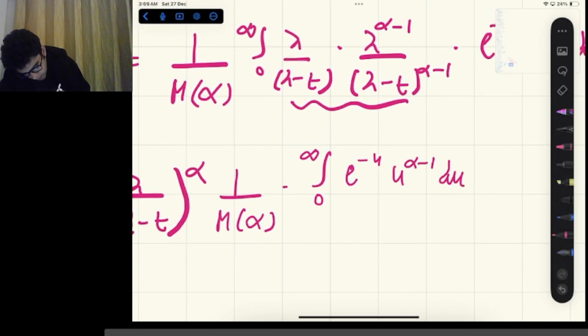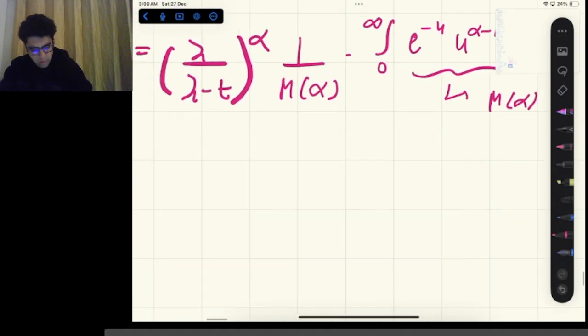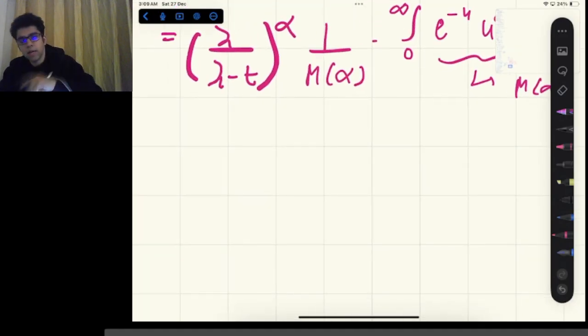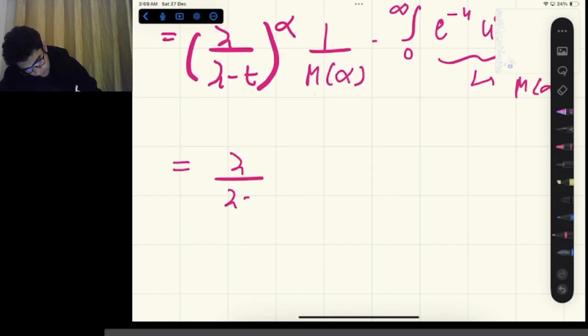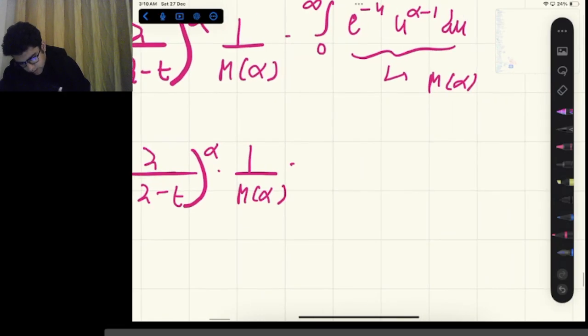Now we know that this is a form of gamma alpha, just the variables are different. Earlier we had e to the power minus t, t to the power alpha minus 1 dt. Now we have u. I have explained earlier why I was using t earlier and why I am using u here, right? So this gives me lambda upon lambda minus t to the power alpha, 1 upon gamma alpha, and this integral gives me gamma alpha.